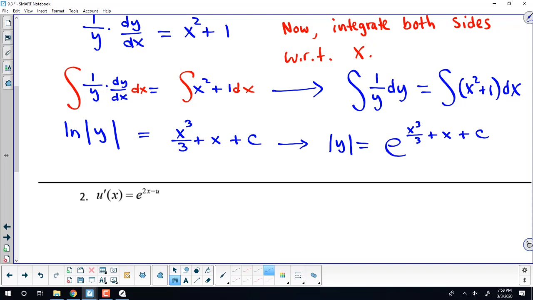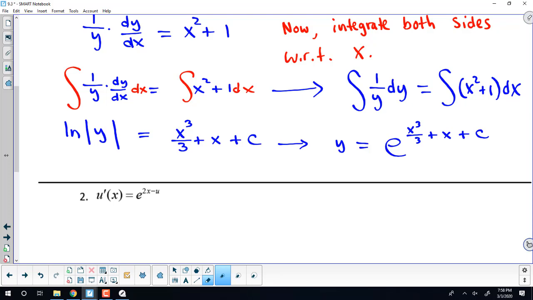And keep the absolute value until you know what kind of function y is. Y is an exponential function. The exponential function is always positive, it's never negative. So at that point I think it's okay, but don't just automatically drop the absolute value.